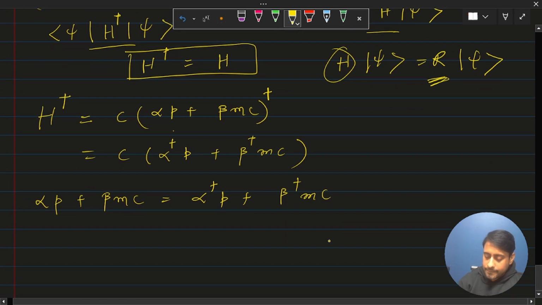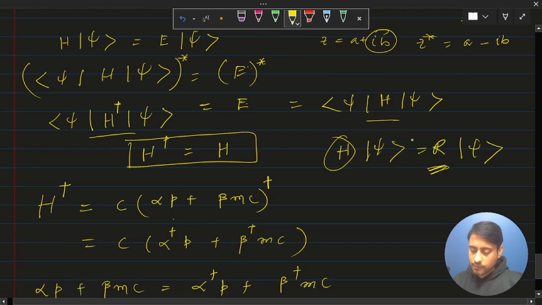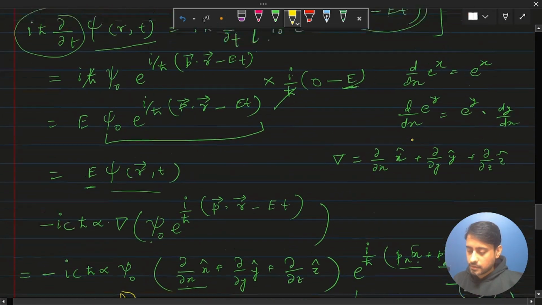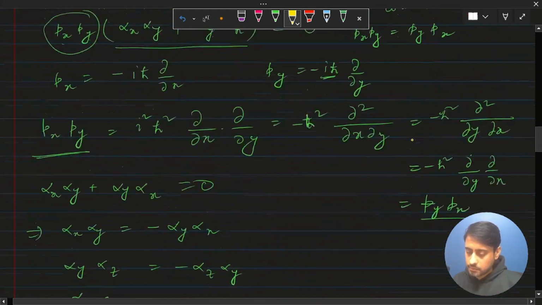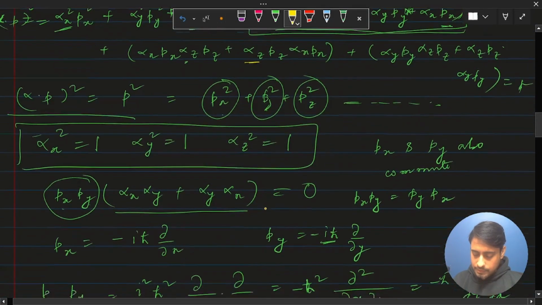So this clearly shows that alpha should be alpha dagger. On comparison, you arrive at this result, and beta equal to beta dagger. But you know that alpha has three things: alpha x, alpha y, and alpha z. Previously we have already seen this. If you go somewhat back in time, you know that alpha has three components.